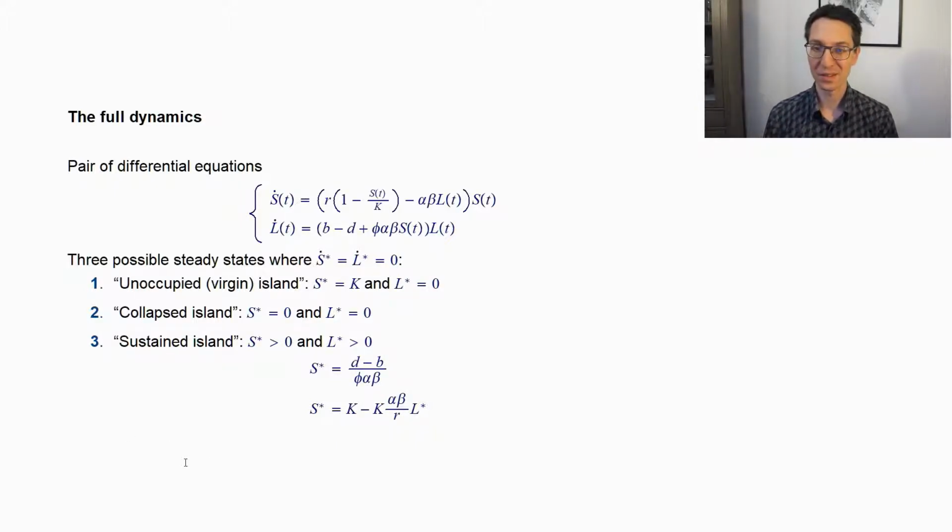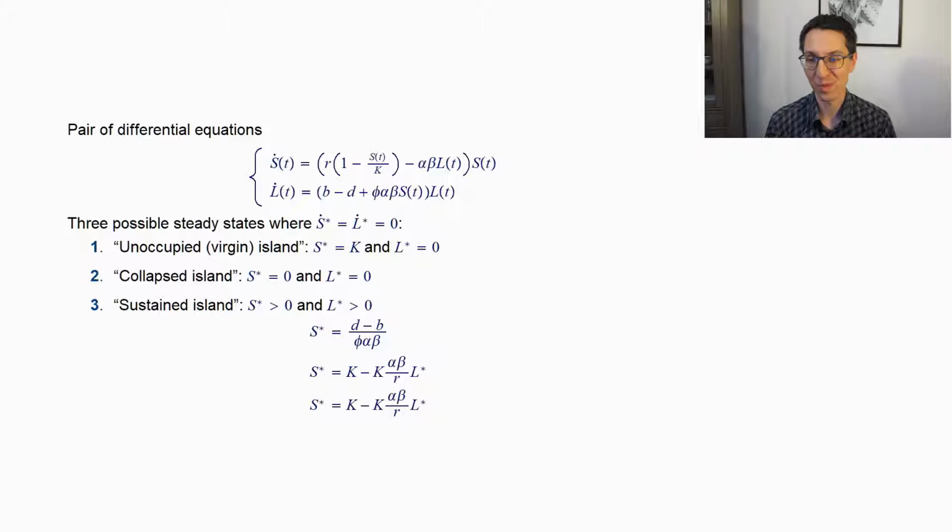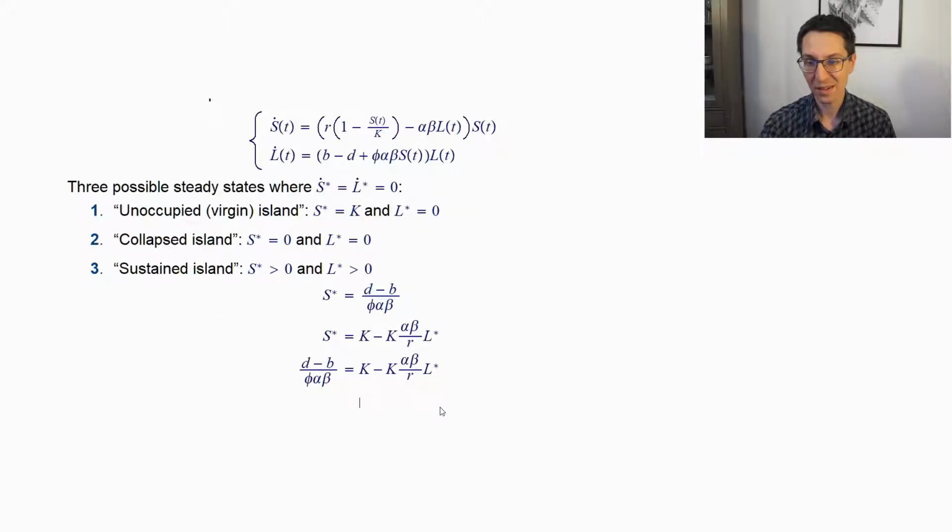So that gives us an easy two-variable, two-equation system that we can solve by simply substituting S star in the second equation. If we do that, we can then go ahead and isolate L star.